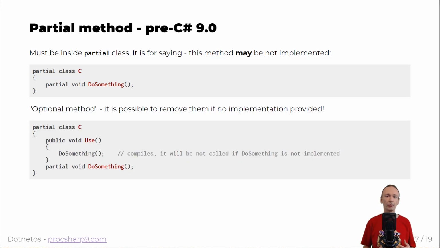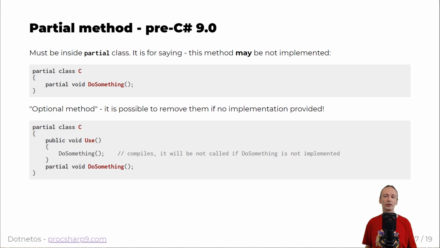Moreover, it is even possible to call such a method from our regular methods. So as you here see on the slide, you have Use method, which is just calling DoSomething method, and it is totally fine. So it will compile and it will be just running, depending whether the DoSomething method is provided or not. When I'm saying whether it is provided, I'm saying about the implementation of DoSomething method.